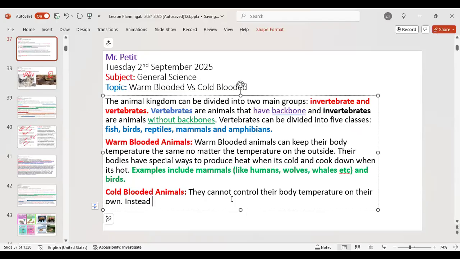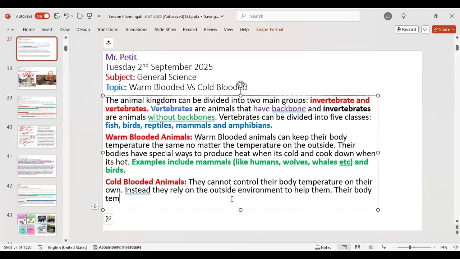Instead, they rely on the outside environment to help them. Their body temperature changes based on their surroundings.